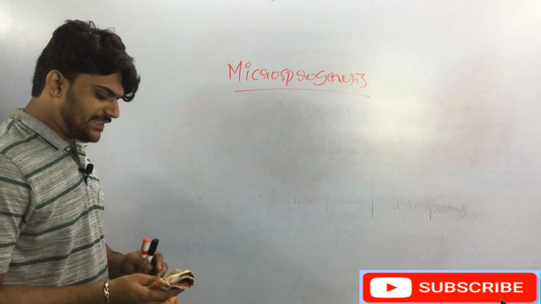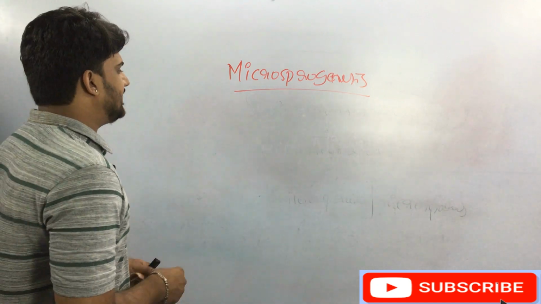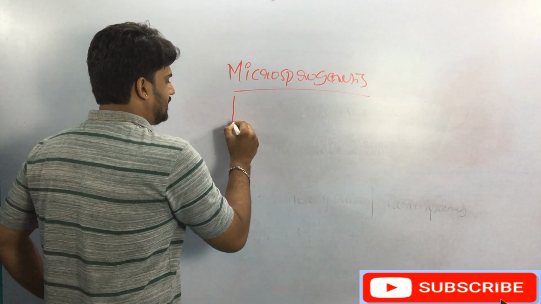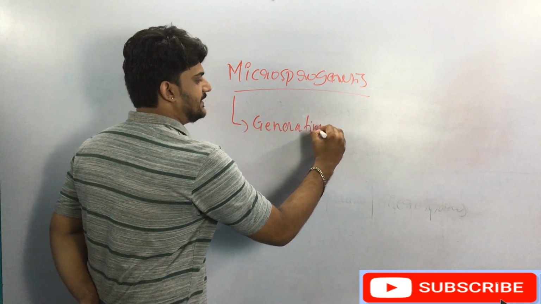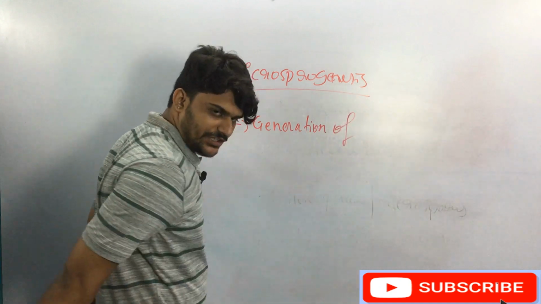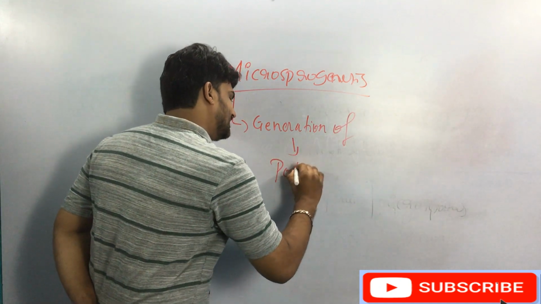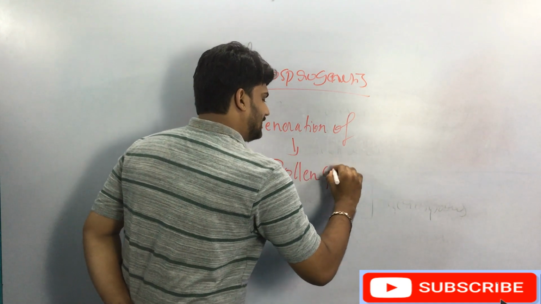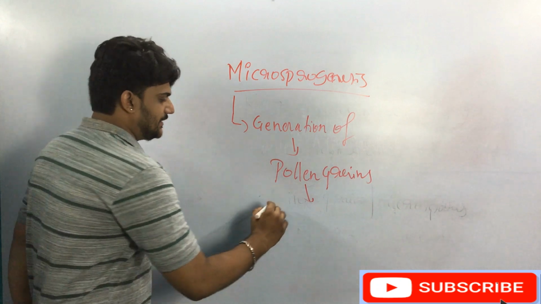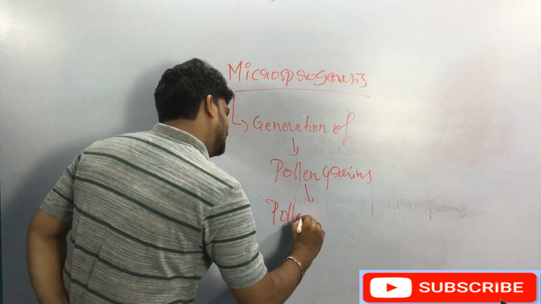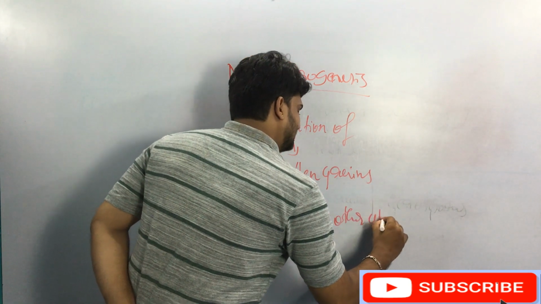Microsporogenesis means the generation of pollen grains from the pollen mother cells.